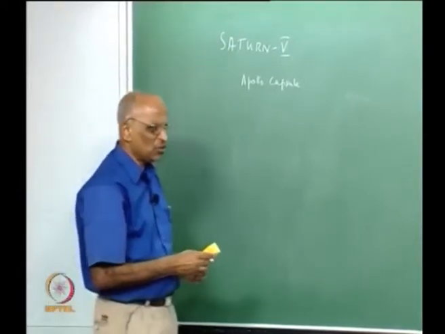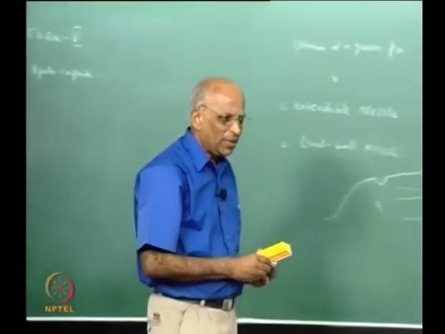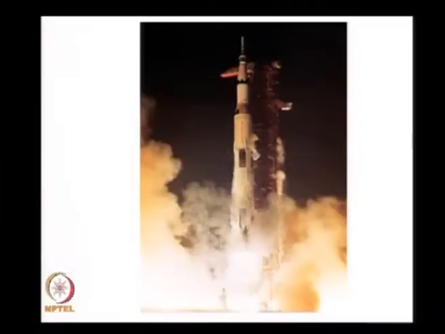And what does it consist of? If you go back and look at this particular slide, the first stage of the rocket consists of 5 rockets clustered together. Each one of these rockets is known as an F1 rocket.